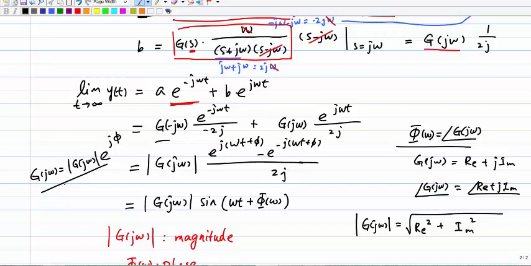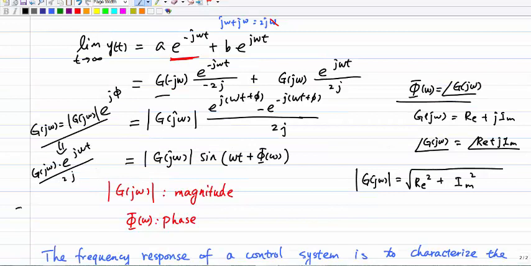So this portion becomes G(jw) times e^(jwt) divided by 2j, right up here, it becomes G(jw) times e^(j(wt+phi)) divided by 2j.